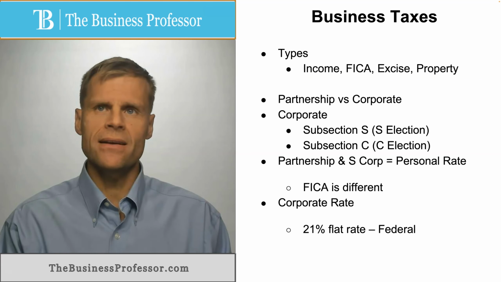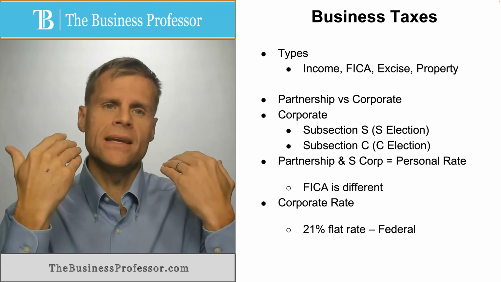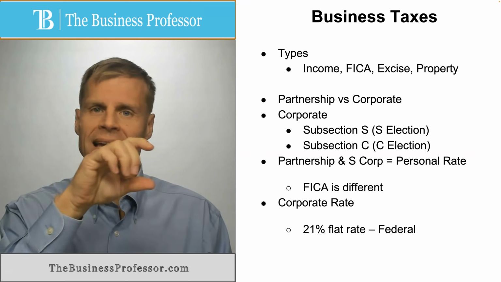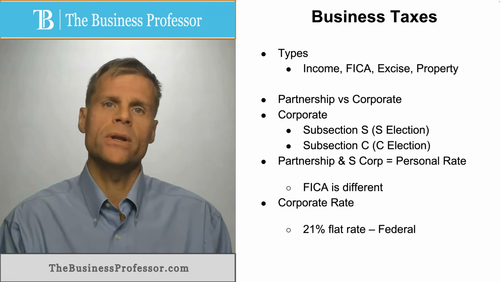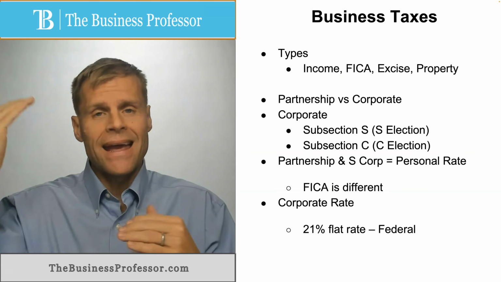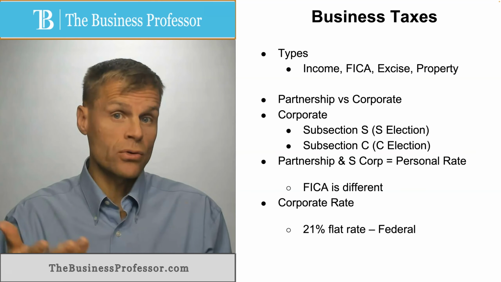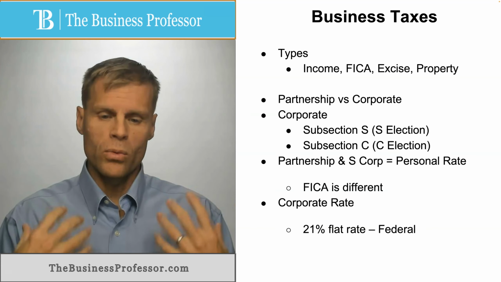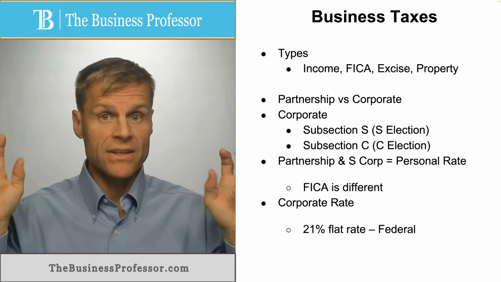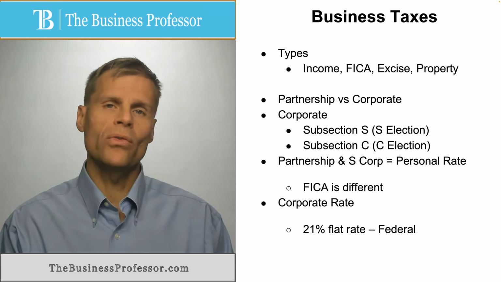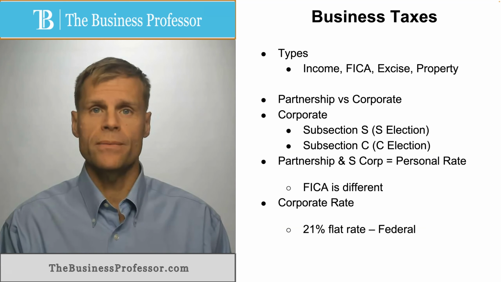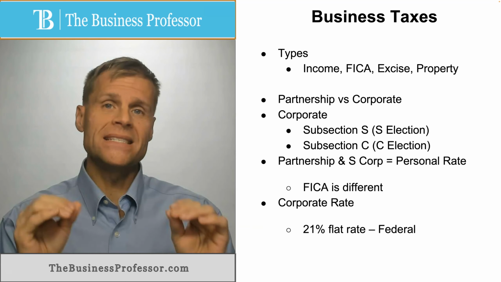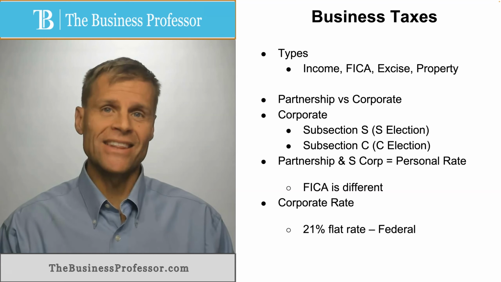But in that scenario, if you choose corporate tax rate or are subject to a corporate tax rate, the entity itself will pay taxes at a 21% tax rate, and any distributions of additional profits after all taxes have been paid will again be reported as a dividend, as we say, on the individual's income tax return. So in a nutshell, this is how business taxes work in the United States.